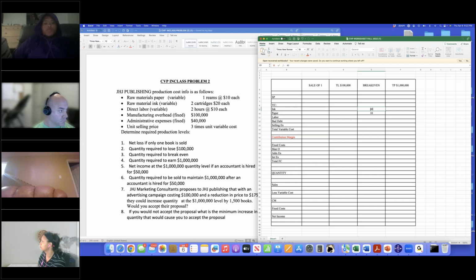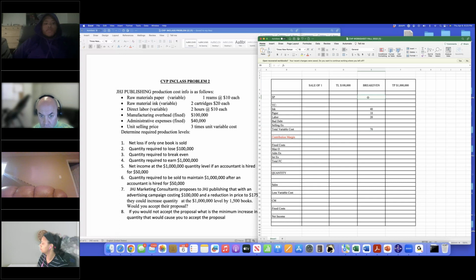So what's my direct labor charge going to be? 2 hours at 10, $20. So we add our variable costs together and we get $70. Our selling price is 3 times that, so $210.